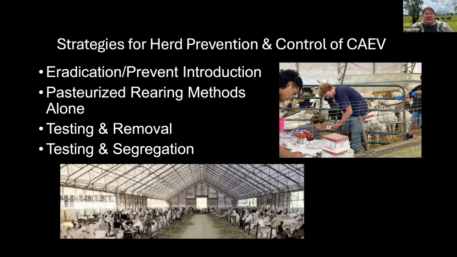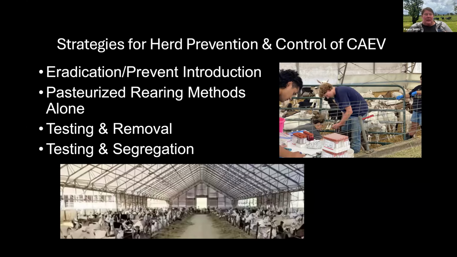We have some herds that are so heavily infected that we are talking about strategies of having two herds, having the core herd and then some sort of replacement herd that has a reduced rate of CAE or no CAE. And so each herd is going to be a little different.